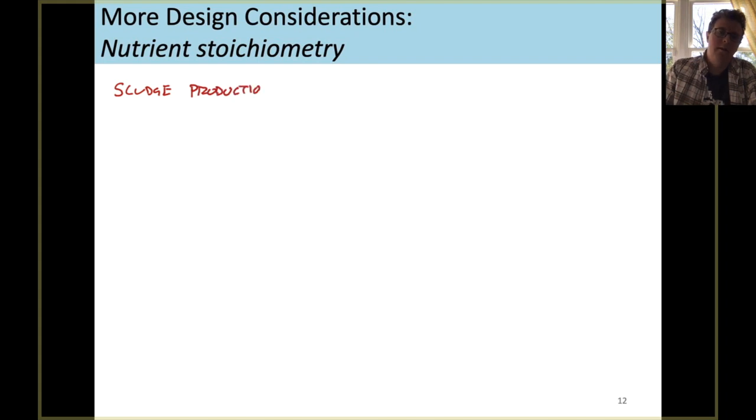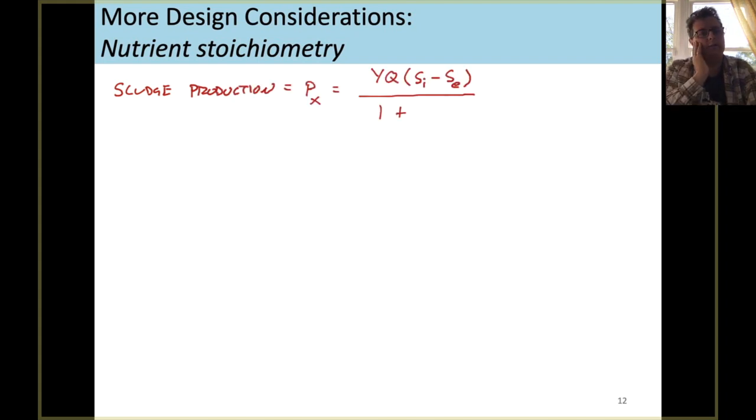Now, we've been assuming through this process that our sludge would be produced regardless, right? We will have microbes, they will exist, they will grow and reproduce and generate biomass. One of the things that we can do is ask how much sludge is produced, and you can estimate that as this Px, and that would be in mass of sludge per day, for example.